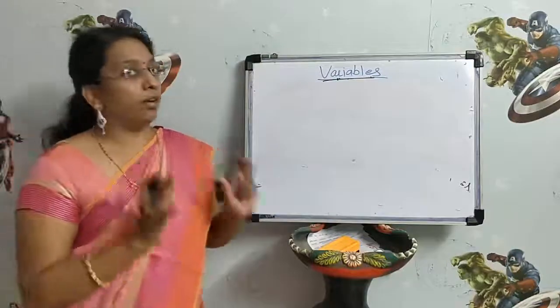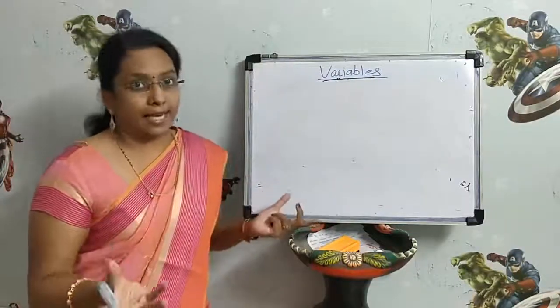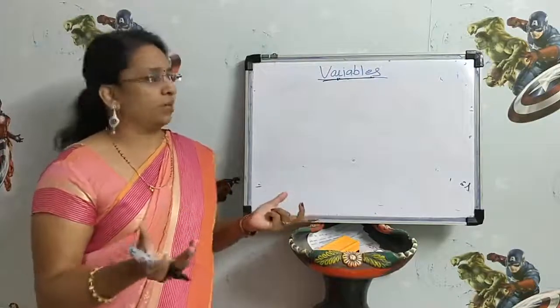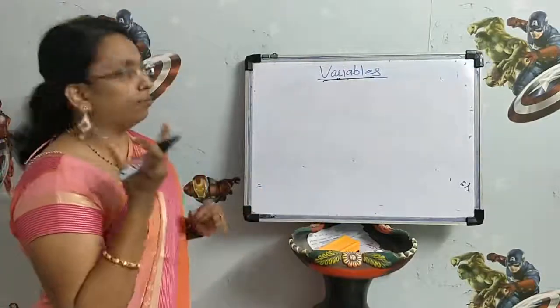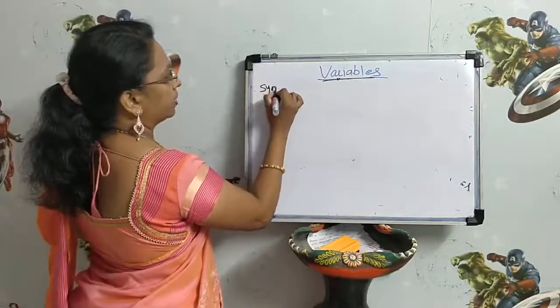Now see, we have understood exactly what the meaning of a variable is. So how do we initialize it? How do we declare all these variables? The basic form of declaring a variable, let's see, the syntax.